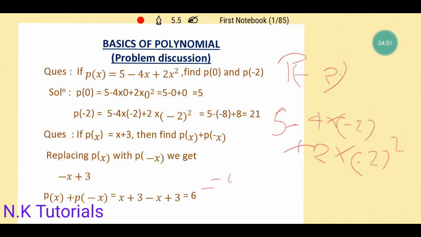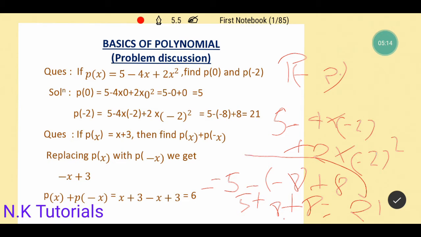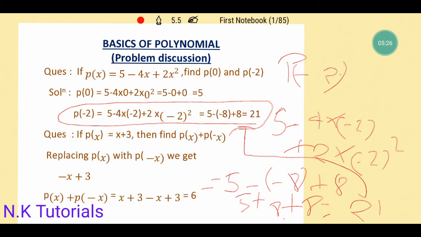So its value will come 5 minus minus 8 plus 8, that is 5 plus 8 plus 8, is equal to 21. So we found two answers. One is 5 and one is 21. So the first question has been dealt with.